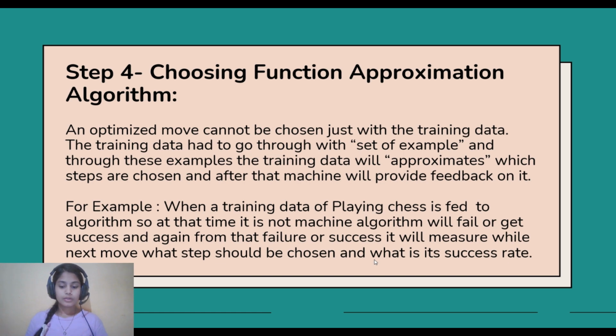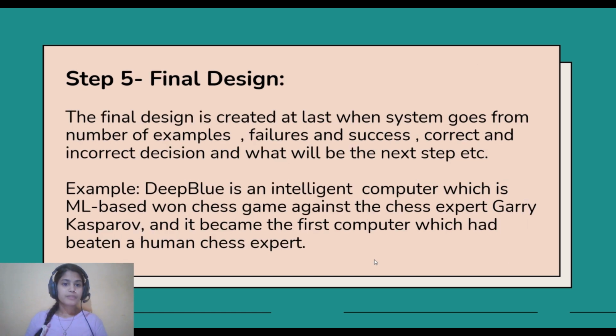Okay, so now let's go to step 5, final design. The final design is created at last when the system goes through a number of examples, failures and success, correct and incorrect decisions, and what will be the next step, etc. For example, Deep Blue is an intelligent computer which is machine learning based and won a chess game against the chess expert Gary Kasparov.